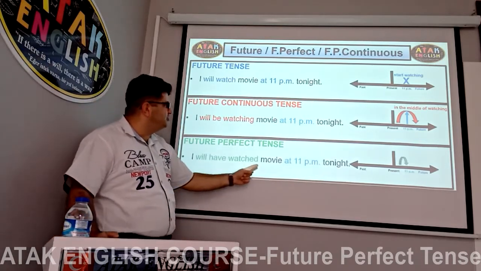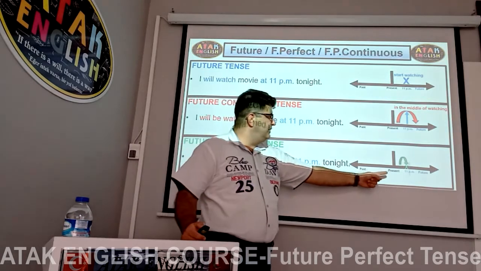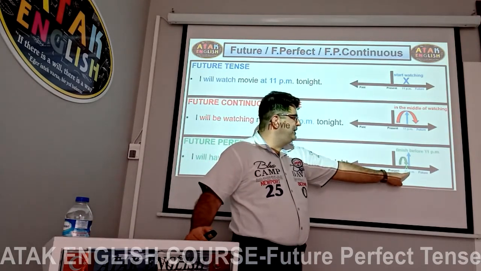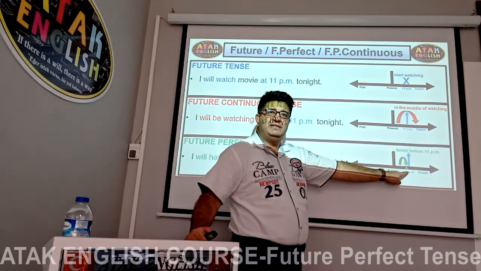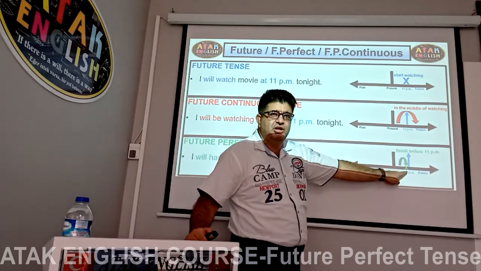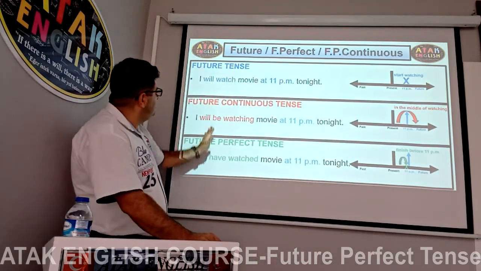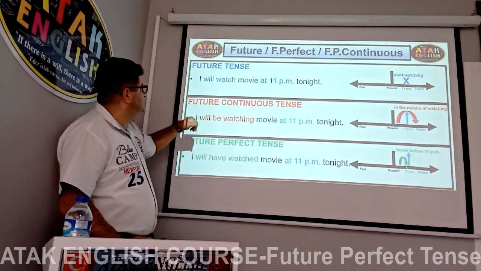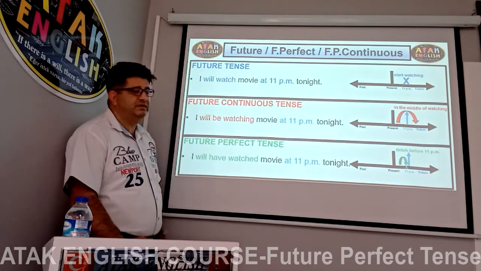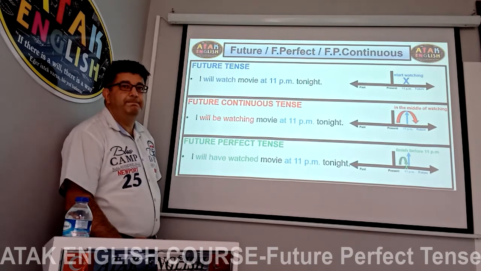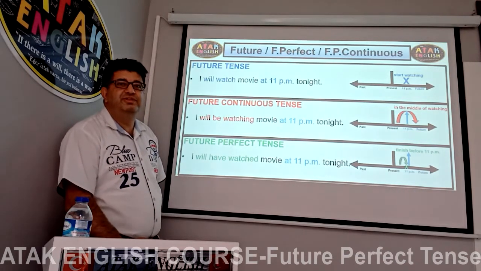I will have watched the movie at 11 p.m. So 11 p.m. here is the time that I finished watching the movie. So can you see the difference among three future tenses? Future tense, future continuous tense, future perfect tense, but they mean differently.